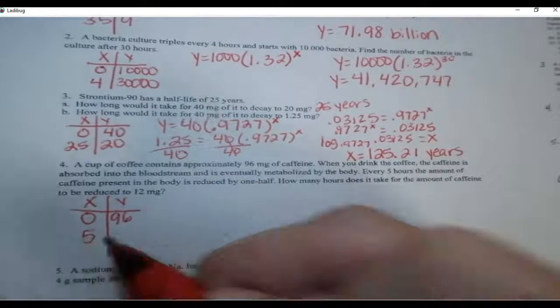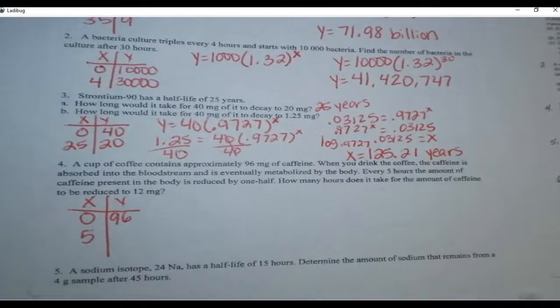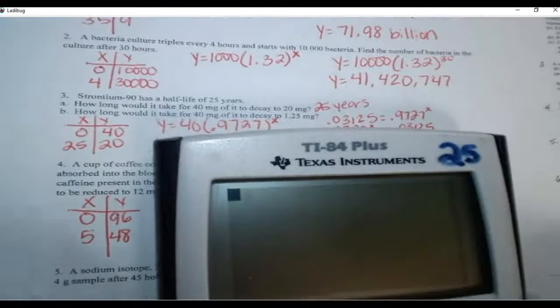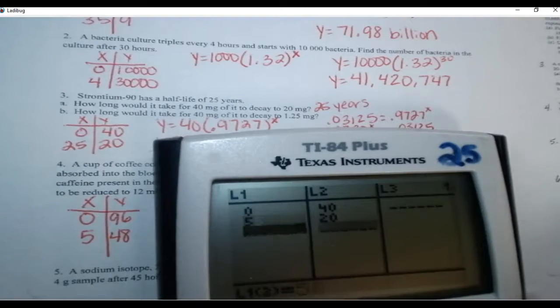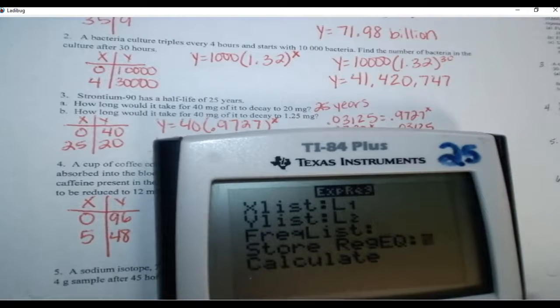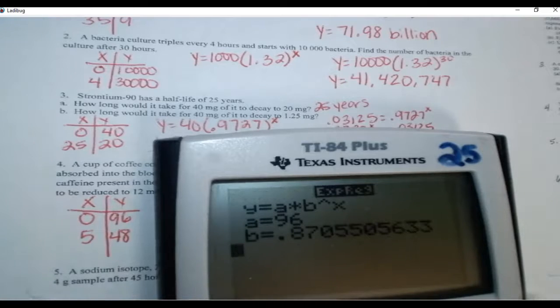So 5 hours later, how much caffeine is there? If it's reduced by 1/2. Yeah, 48. Okay, so there's our 2 points. Then we go stat calc 0. And there it is.